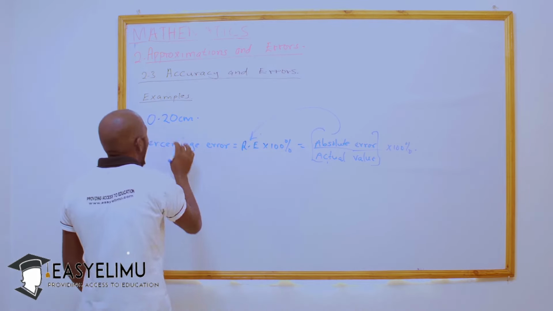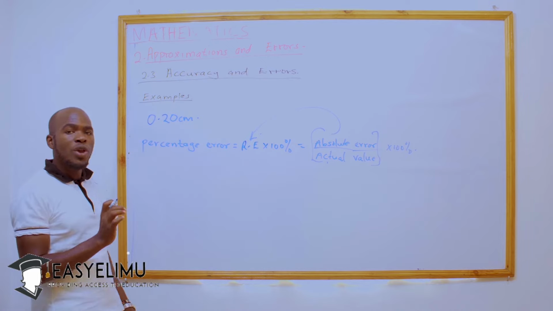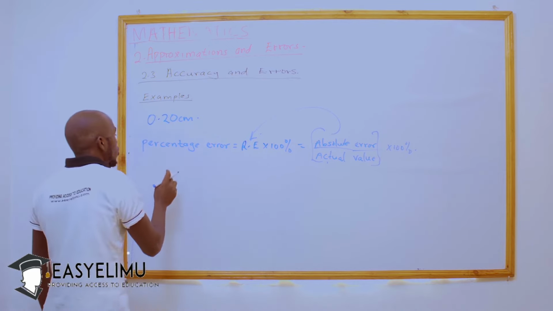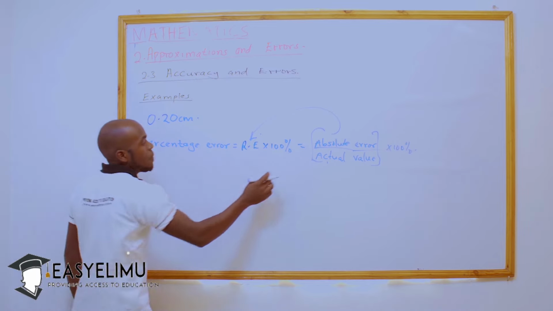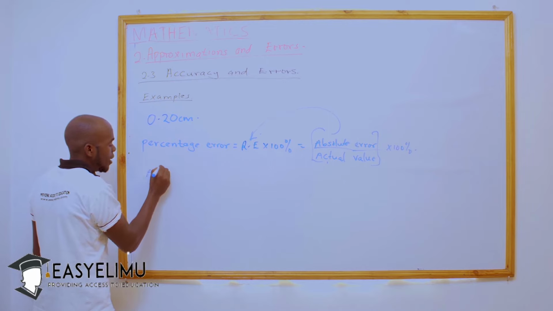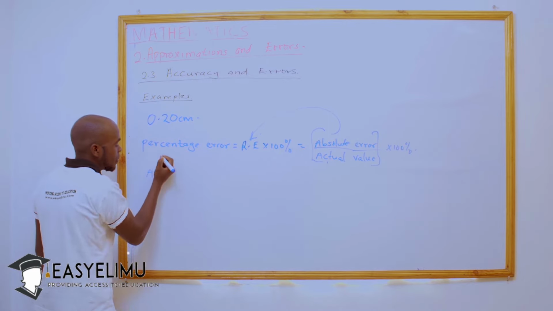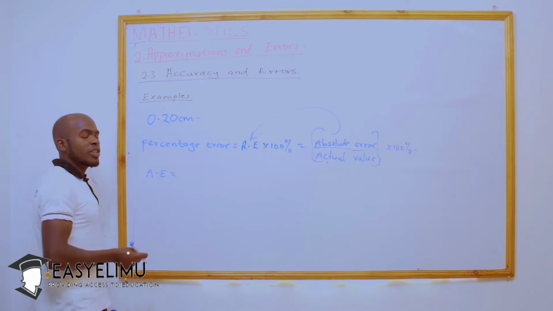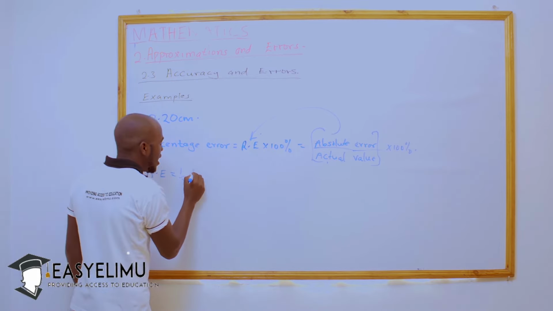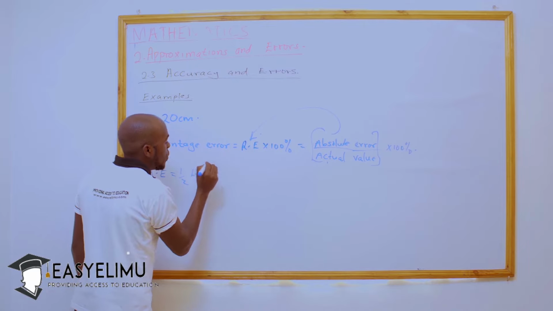So we are going to calculate, in case when we are given the thickness of a coin as 0.2 centimeter, the absolute error first. And remember, to find the absolute error, we did say that this one is a half of the least unit of measurement.